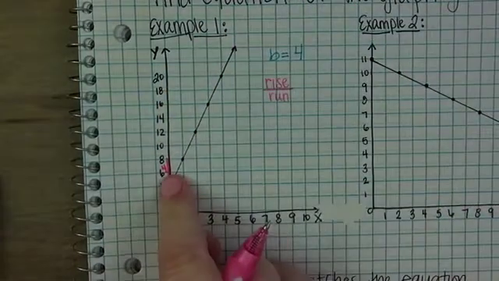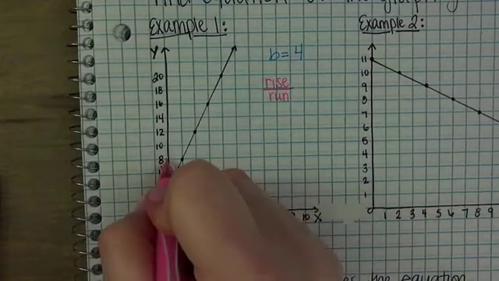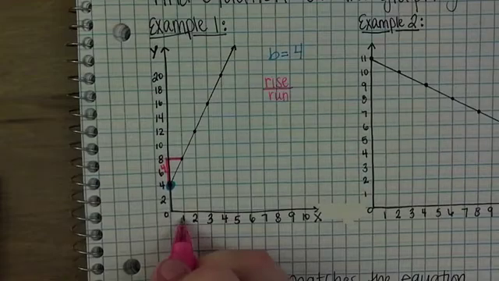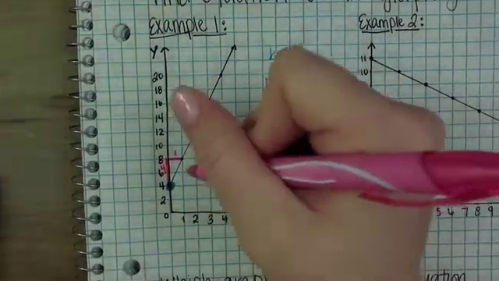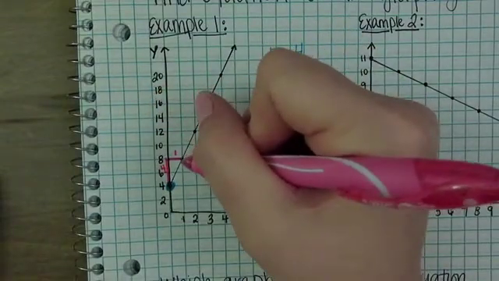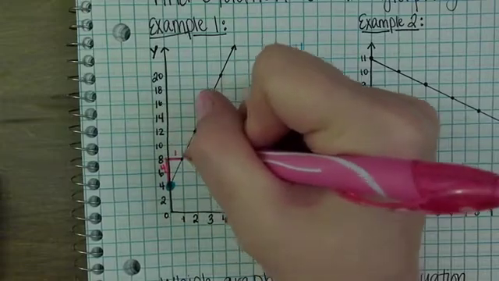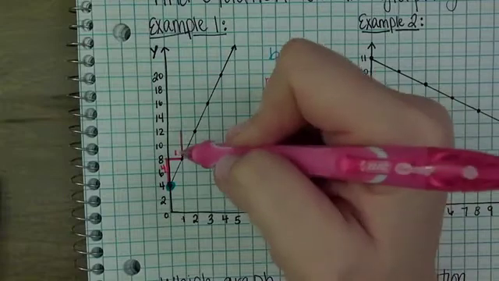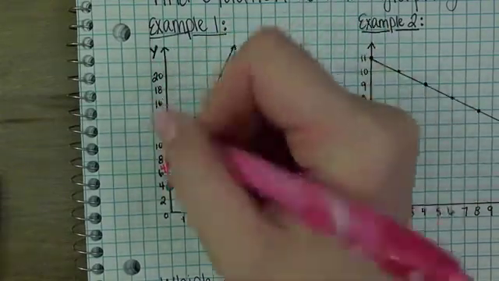This is why I like using different colors so that those numbers don't get mixed up. So it went up 4, and then how much does it go over? Here is 0, and it went over to 1. So it went over 1. Let's do it again, and I'm going to show you something. Even if I couldn't really see it on that point, if I go to the next one, from 8 to 12, it's 8, 9, 10, 11, 12.